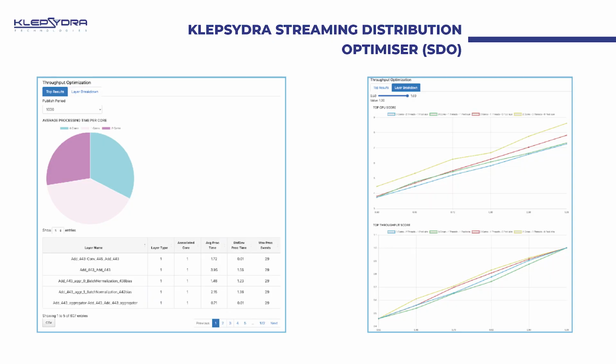And this works as a genetic algorithm. You run it a few times on your target computer, so you have the GR740, you have your AI algorithm deployed there. You do a few dry runs, and after that, you let the genetic algorithm calculate the best possible configuration for you. If you are interested in CPU, it will give you one. If you're interested in latency, it will give you another one.